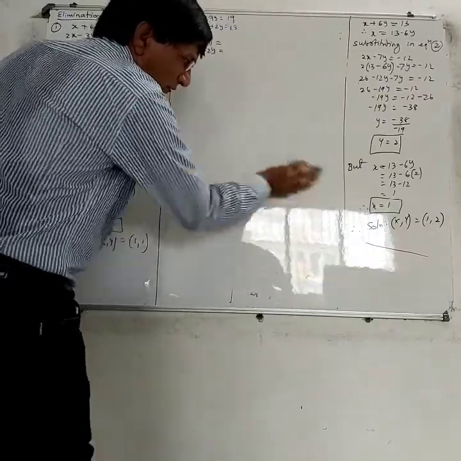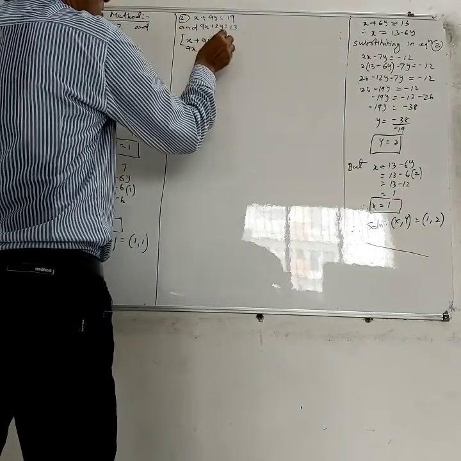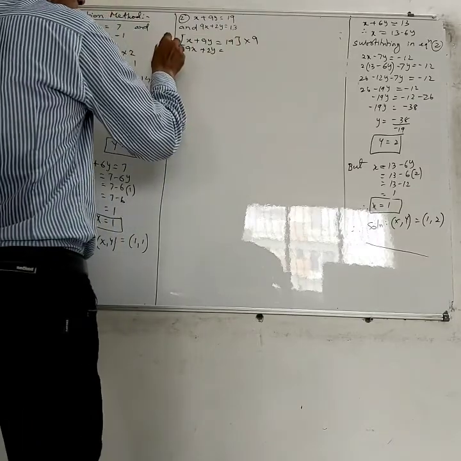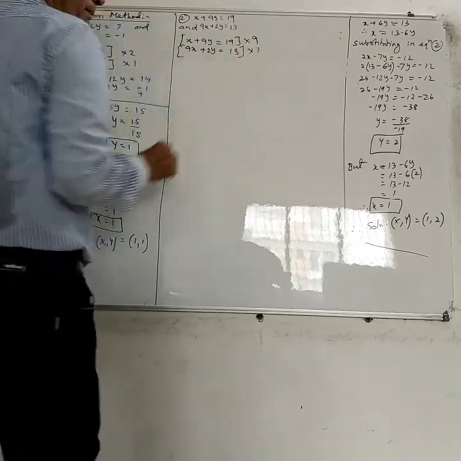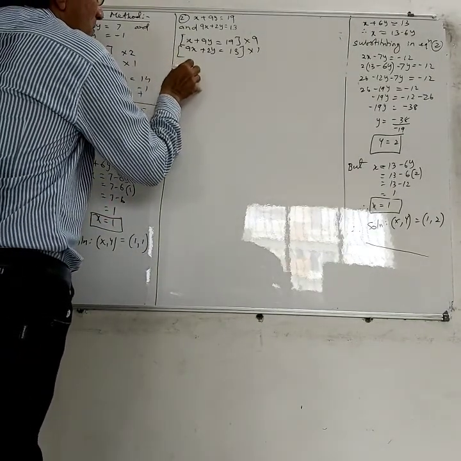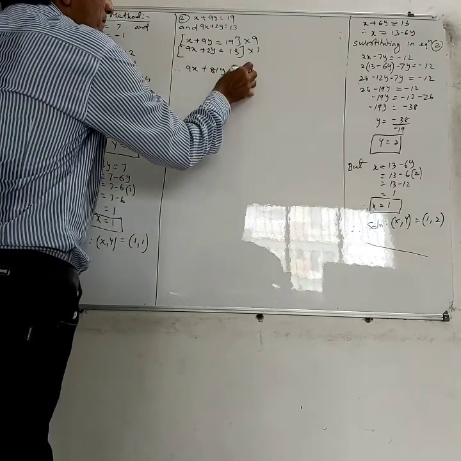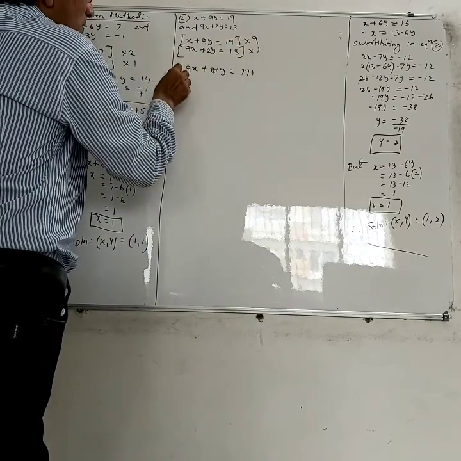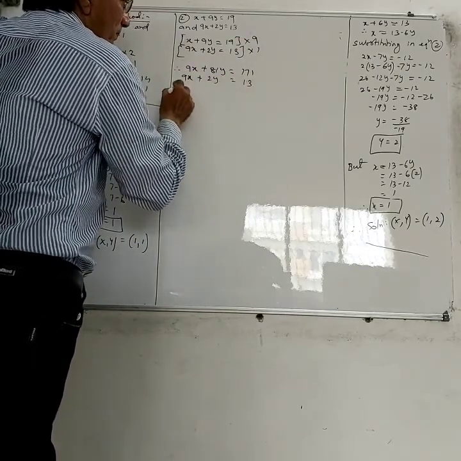In order to multiply the first equation by 9, this is how I write it: multiply this with 9 and this is 13 multiplied with 1. So the first equation becomes 9x plus 9 9s are 81y, equal to 171, and this becomes 9x plus 2y is equal to 13.